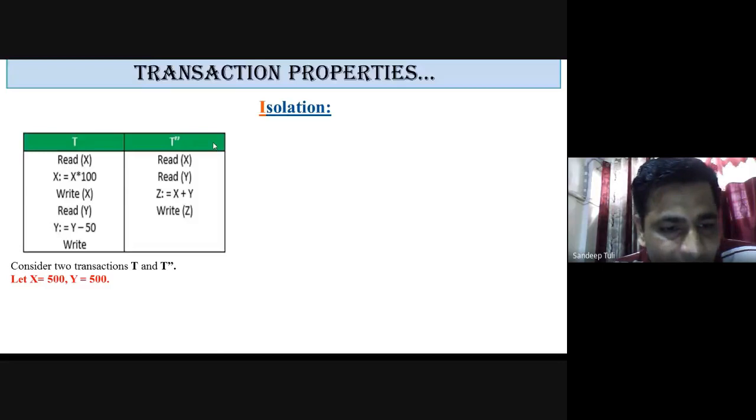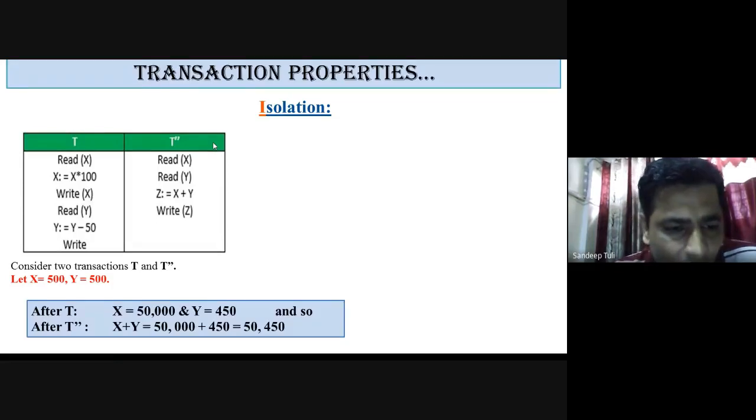Now, give me the answer. Consider the transactions T and T double dash. Suppose X is 500 and Y is 500 initially. What could be the values of X and Y after T? It is visible on your screen also. After T commits completely, the value of X will be 50,000 rupees, sorry, and Y will be 450.